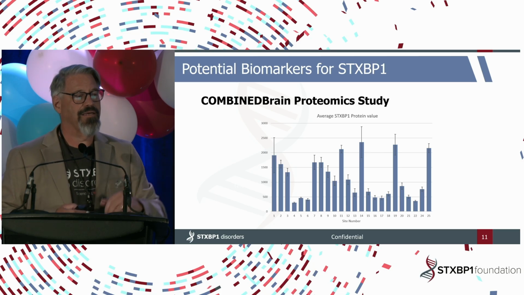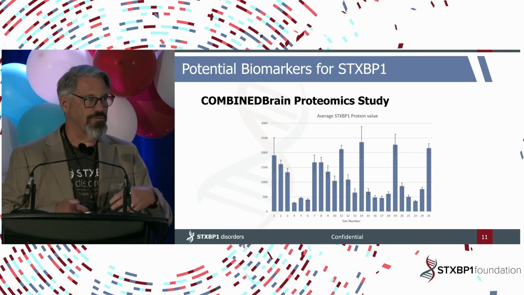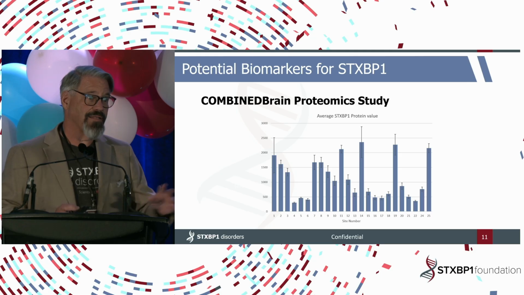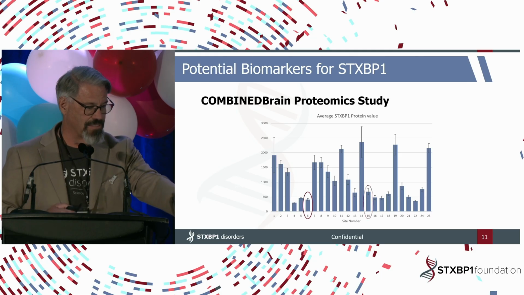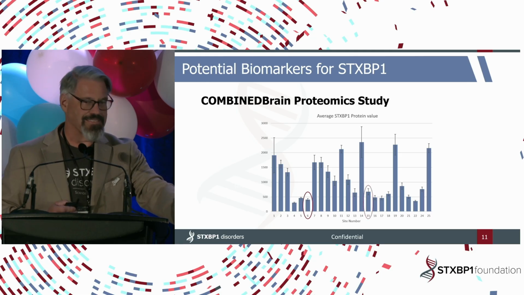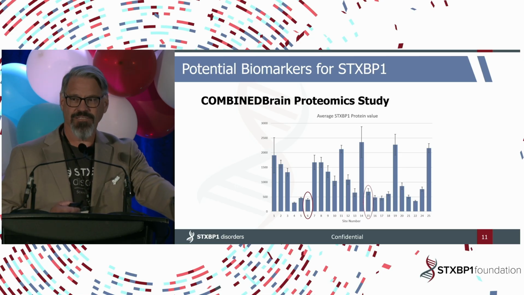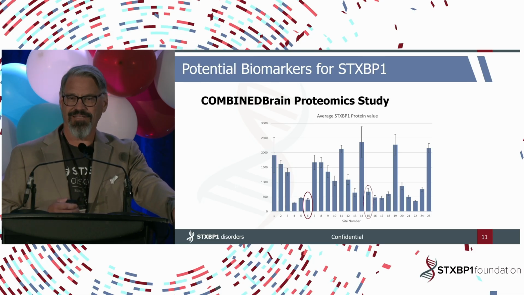And I think Mike, who's going to be talking next, will explain this a little bit more. But if we look at this, where I have this circled, this is site 6. This was our summit, and that's the STXBP1 levels collected at our summit. Then there's a dotted line, and we had 1 individual collected at that summit.